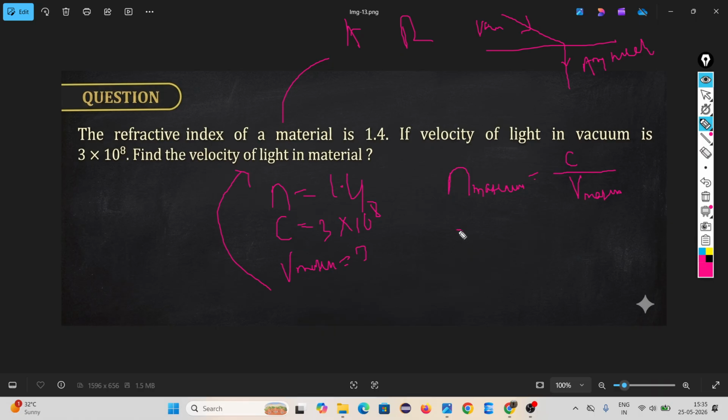Then n of a material is 1.4, equal to c, which is 3 into 10 to the power 8, and the velocity in the material we have to find.